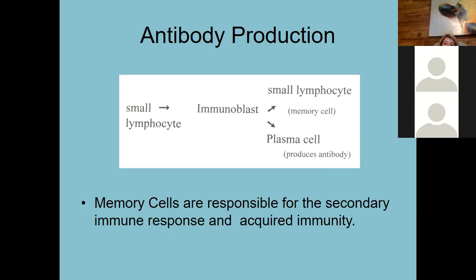So in your immune response, the plasma cell is the initial warrior. It's what's going to fight off the antigen now. The small lymphocyte is responsible for your secondary immune response. It is your memory cell. It is holding the information for rapid production of antibodies.